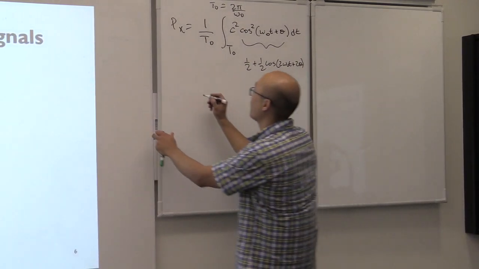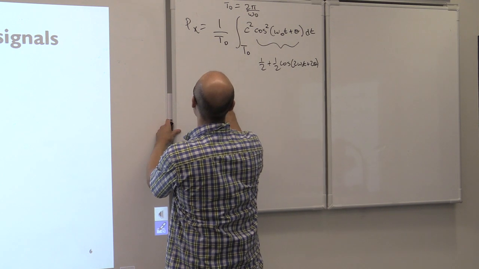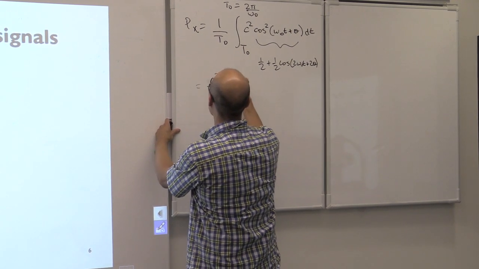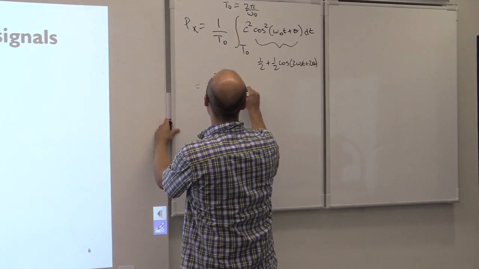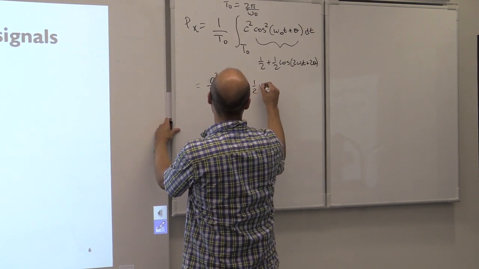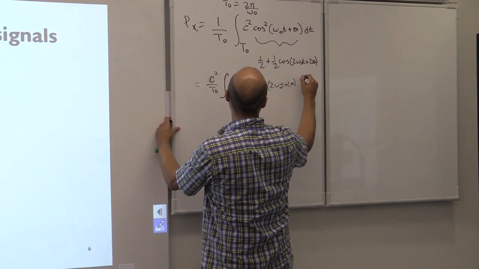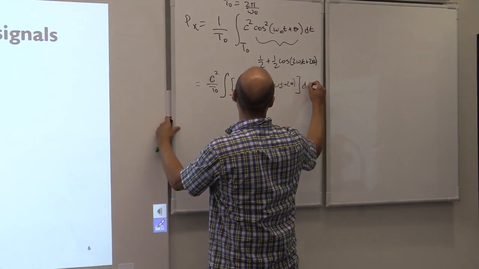So my signal power is then going to be equal to 1 over T naught, or I could actually write c squared over T naught, the integral over T naught of 1/2 plus 1/2 cosine(2 omega naught t plus 2 theta), all of this dt.